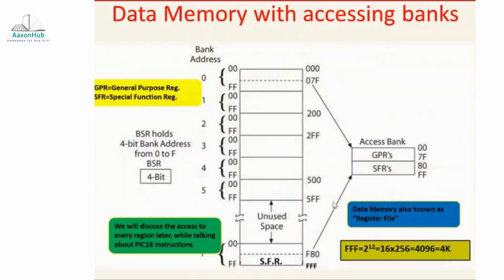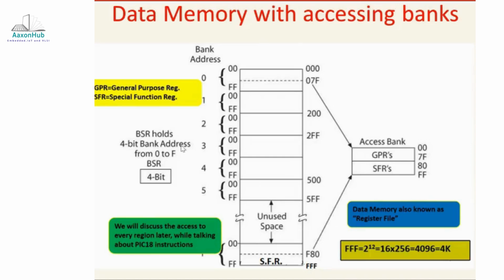Here is one more detailed discussion of how the data memory accesses the banks. As the two registers are there, GPR and SFR, the bank select register will always hold 4 bits of the respective bank address.